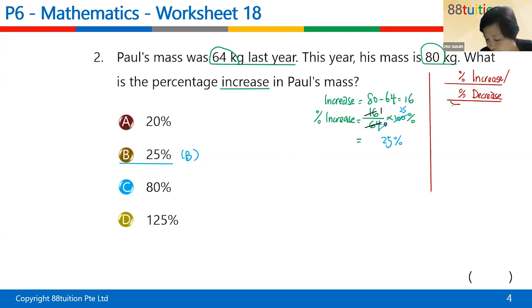What you can do is you have the change, which is the increase or decrease, out of the original, multiply by 100%. So therefore your answer must be in percentage change.